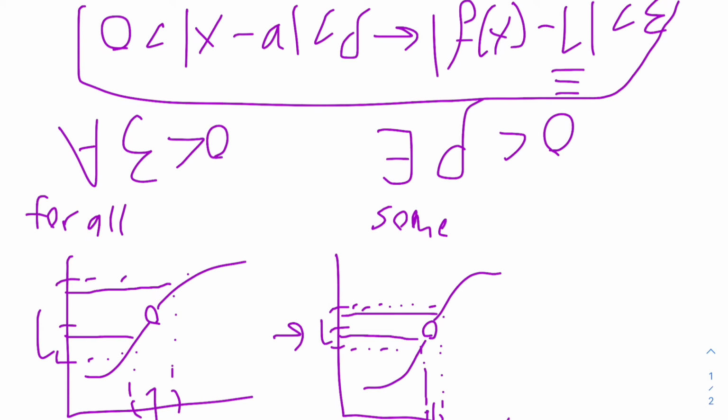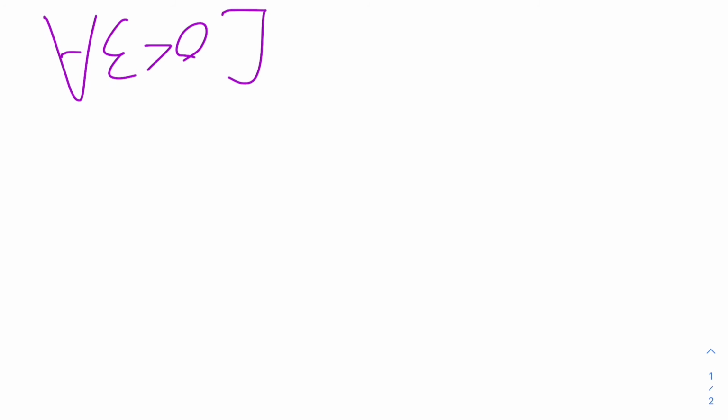And so let me write the actual definition all in one great big line. We will start with what delta and epsilon values we allow for. It's again for all epsilon greater than 0, there exists at least one delta greater than 0 such that, where ST stands for such that, the proposition holds.